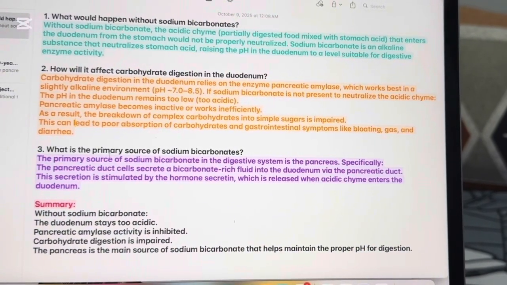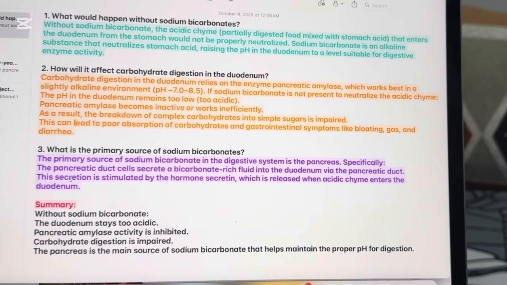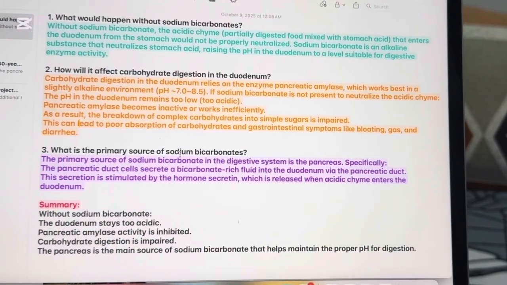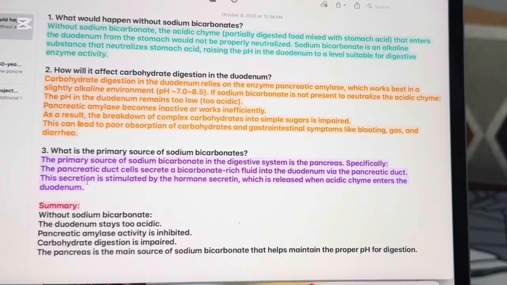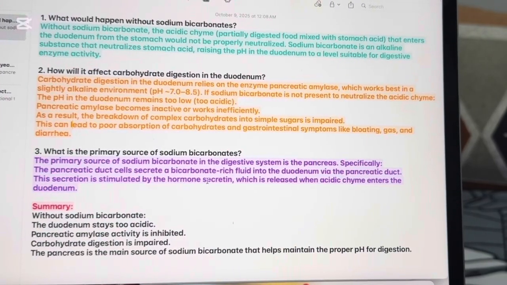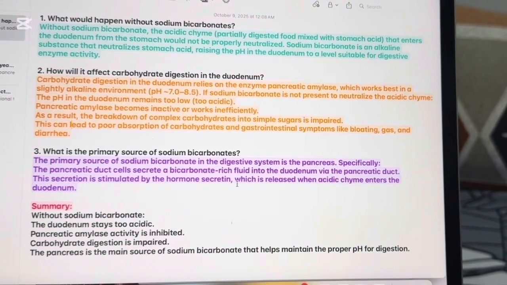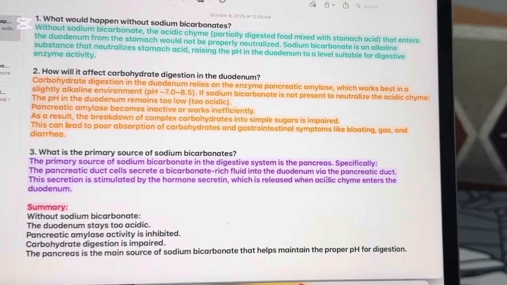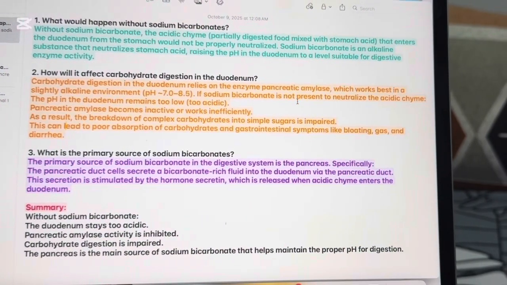One more thing you should keep in mind is that the release of sodium bicarbonate is stimulated by the hormone called secretin, and it is released when the acidic chyme enters the duodenum.